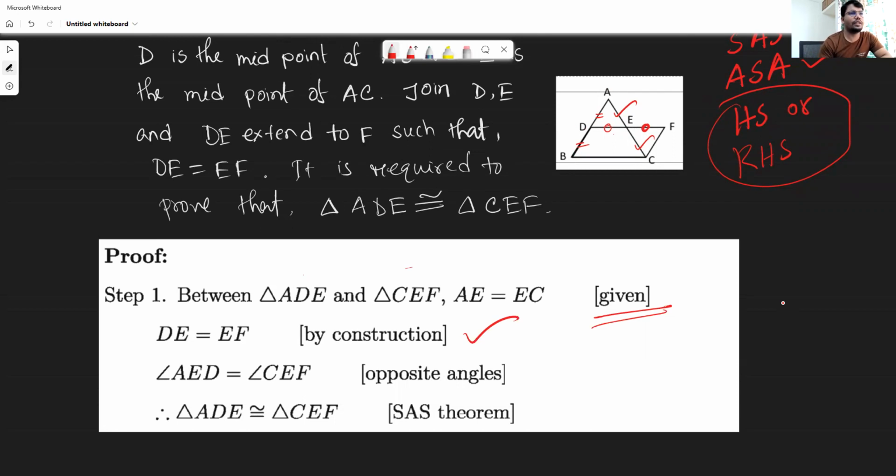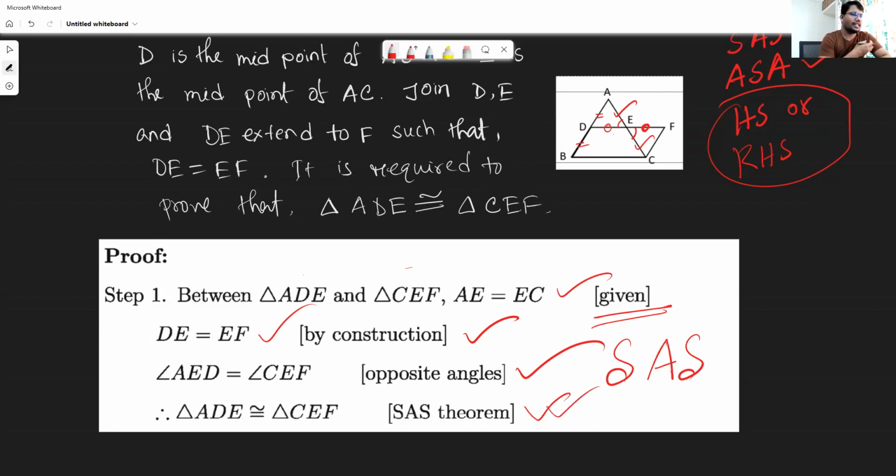This is the vertically opposite angle. So what we have found here: one angle, and one side, and another side, that is one angle and 2 sides. So according to the SAS theorem, these 2 triangles are congruent, and this is done.